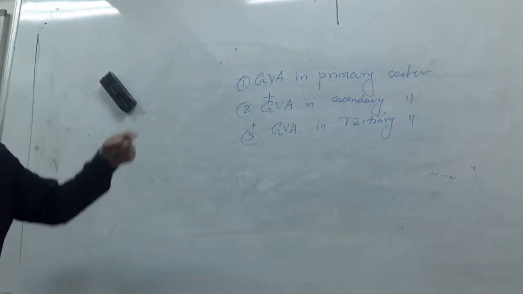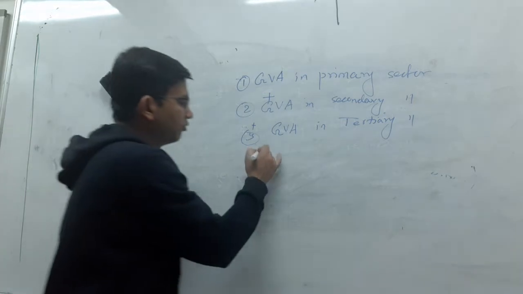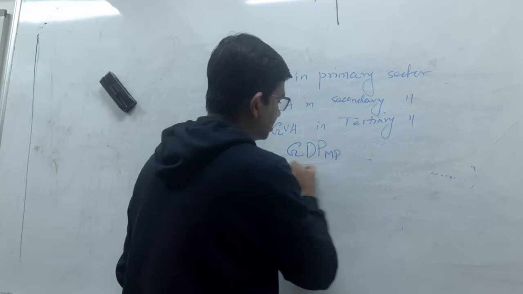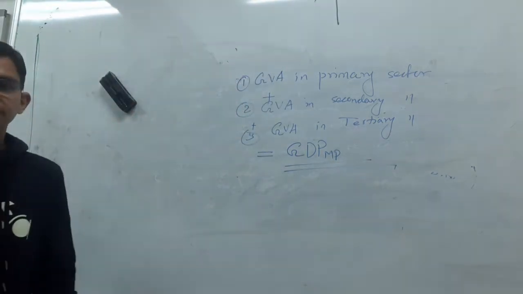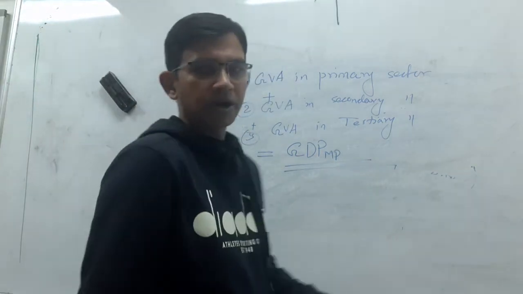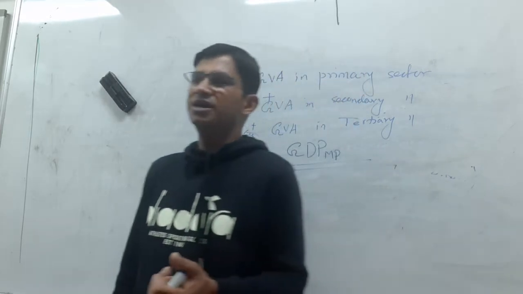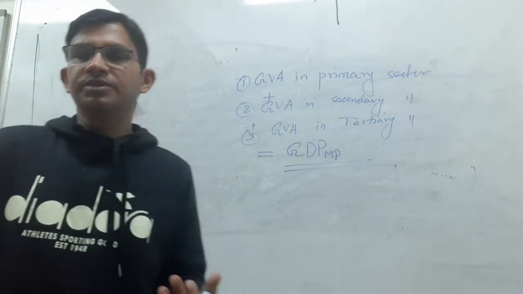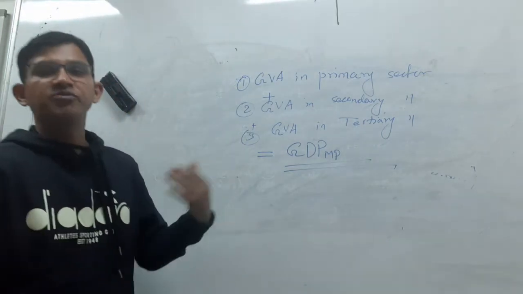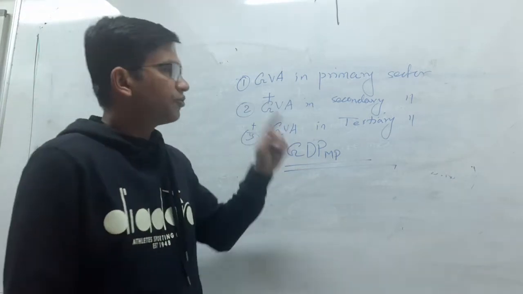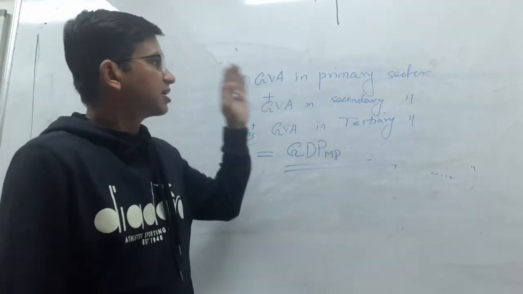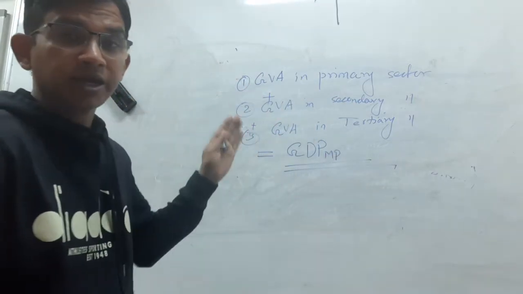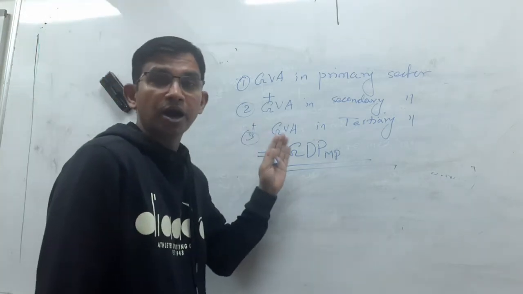If we add these components one, two and three, we will get gross domestic product at market price, that means the value of goods and services produced within the domestic boundary of a country in a particular time period.